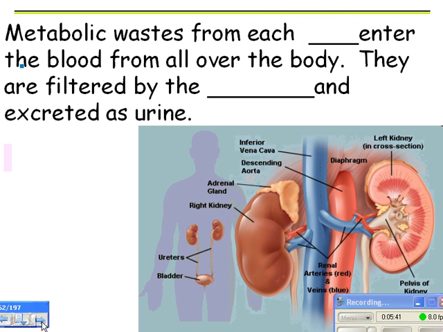Metabolic waste from each body cell enters the blood from all over the body. So if you're breaking down proteins, for example, you're going to make a nitrogenous waste, urea, uric acid. And these are dumped from the cells into the blood, and then they're filtered from the blood by this organ called a kidney, that's this thing, and excreted as urine. So blood goes into the kidney.